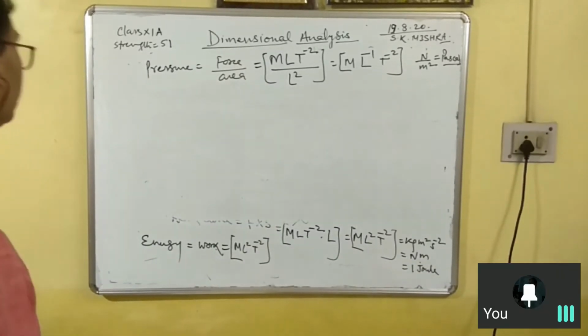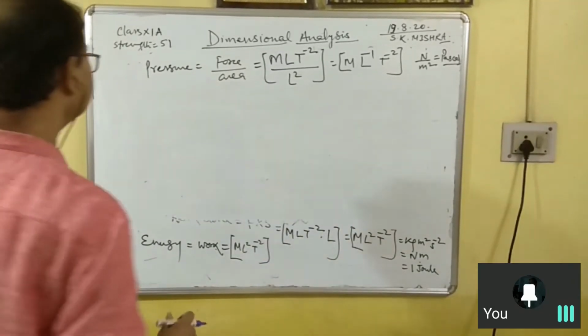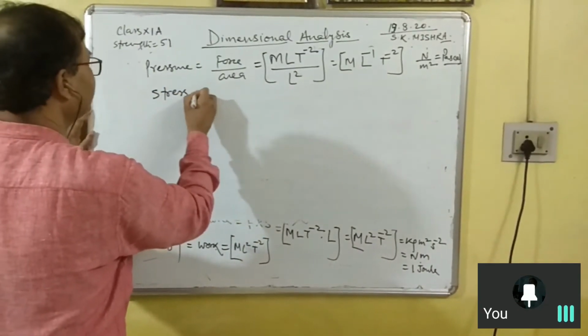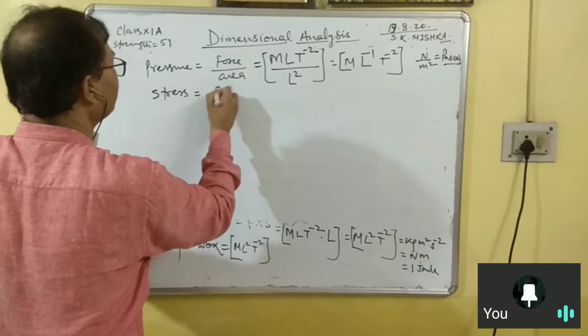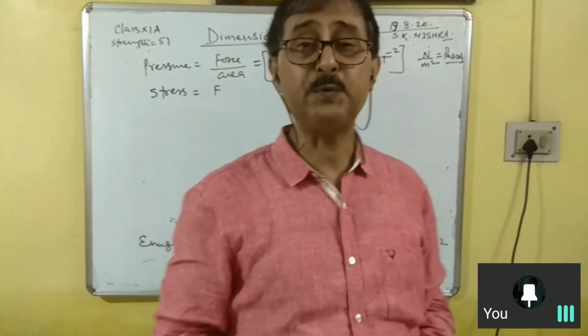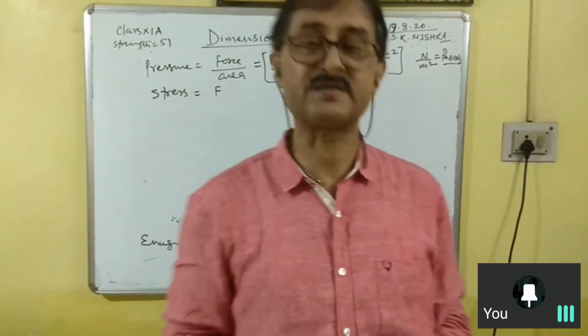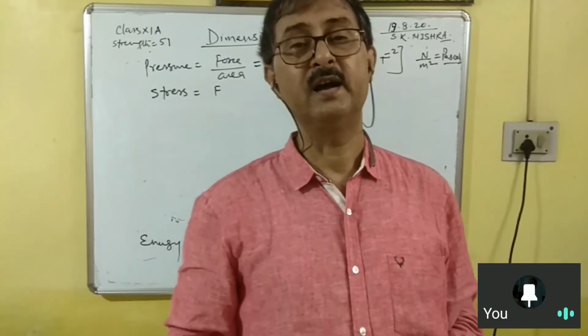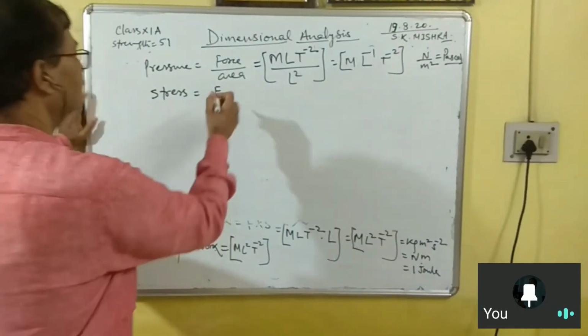Now once you know pressure, another physical quantity is stress. Stress is again force by area, but the force is the deforming force acting per unit cross sectional area. Anyhow, it is force by area.